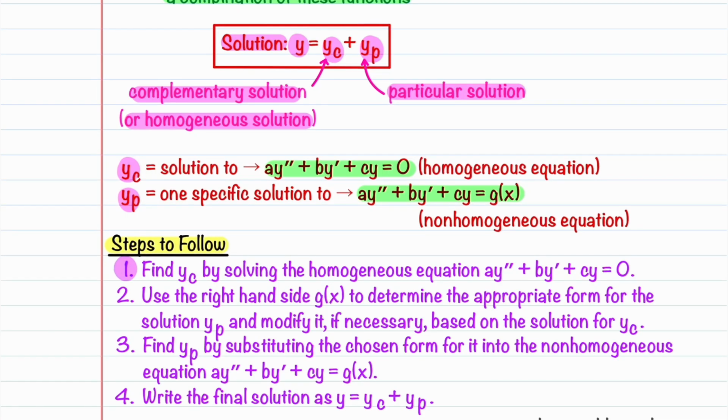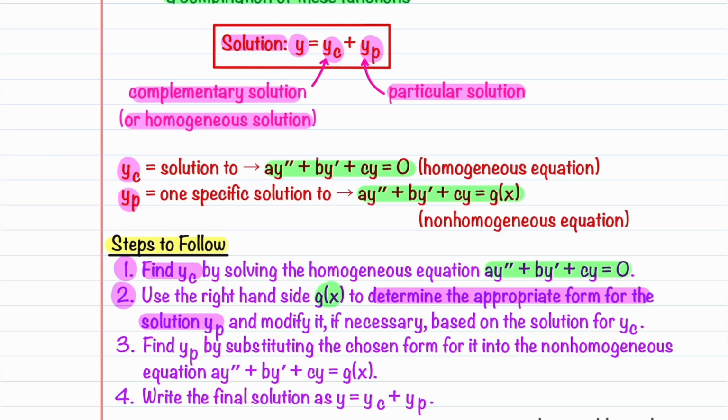The first step is to find y sub c by solving the homogeneous equation that looks like that. The second step is to use the right-hand side that we're calling g of x to determine the appropriate form for the solution y sub p, and then modify it if necessary, depending on what the solution looks like for the homogeneous equation.